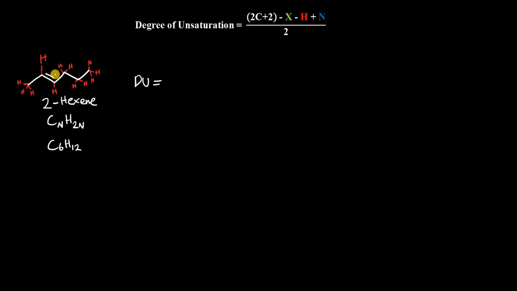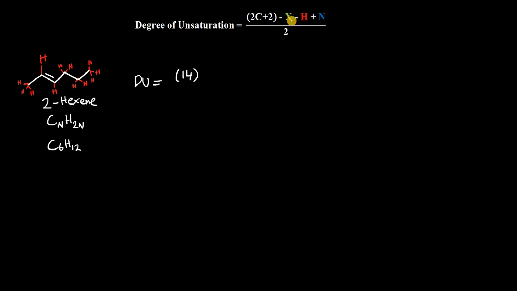The value here is 6. We double that to get 12, and then we add 2, so 14. This 14 is a theoretical value that is always at the very beginning of this equation. It's referring to the same exact compound without any pi bonds whatsoever. So 14 refers to the number of hydrogens that would be in n-hexane, not 2-hexene.